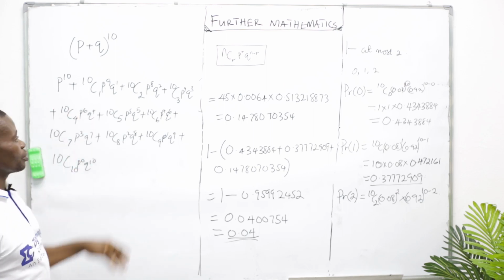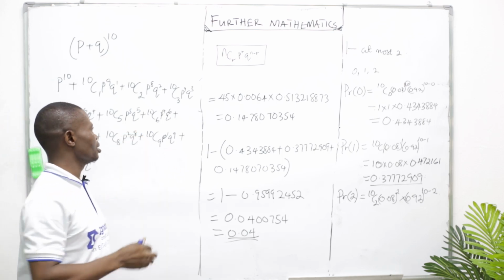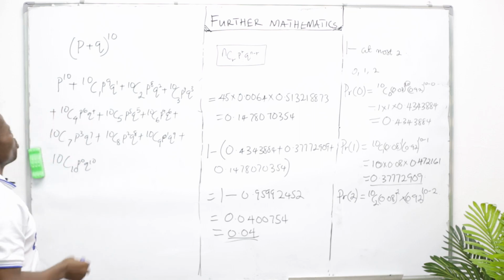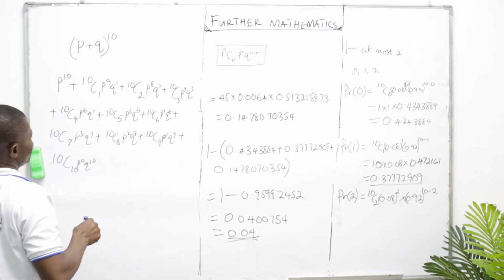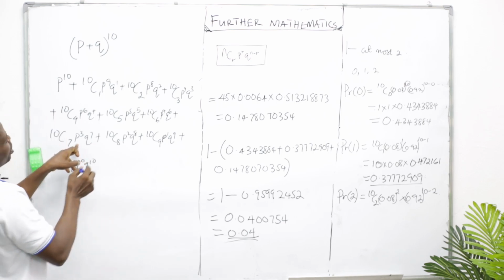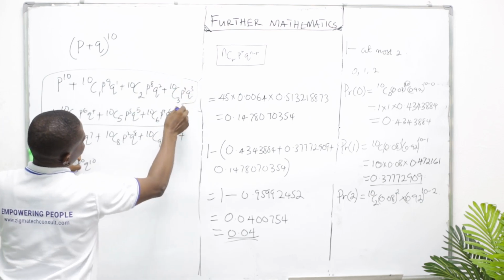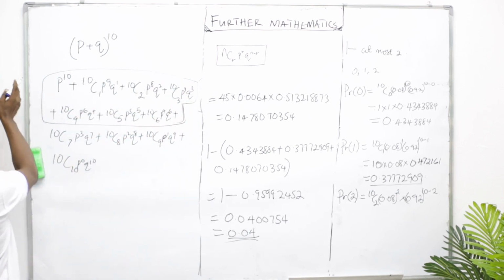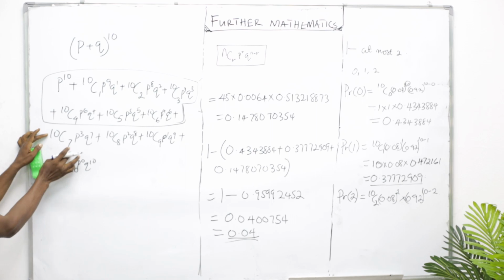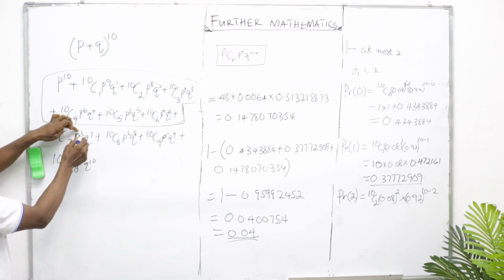You now come back to this. The question says at least 3 defective. So where did P start from? 3. Look at it. Meaning our interest from here to this side is none of our business. Our business is this 10 combination 7 because P started from here, at least 3.